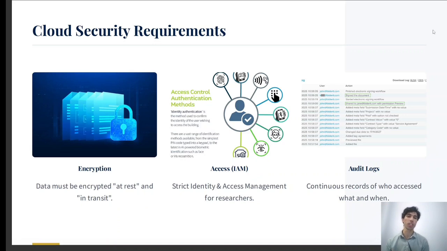And last but not the least, we have audit logs. The cloud vendor needs to keep continuous records of who accessed what and when. This is very important for accountability and for keeping track of who did what to which data, to make sure that there are no inconsistencies, and if anything happens we can track back to who did it and when.